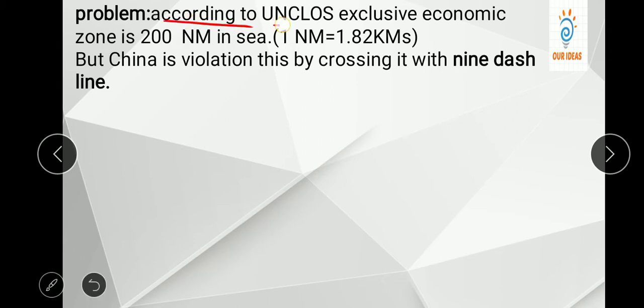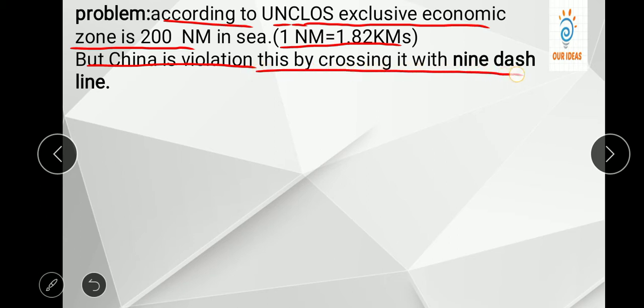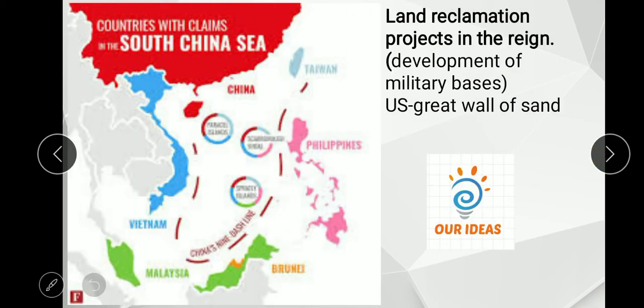According to the UN Convention on the Law of the Sea, the exclusive economic zone is 200 nautical miles from the coastal area. You should know about that. One nautical mile is equal to 1.82 kilometers. But what is China doing? It is violating this by crossing it with the 9-dash line, as I showed earlier.